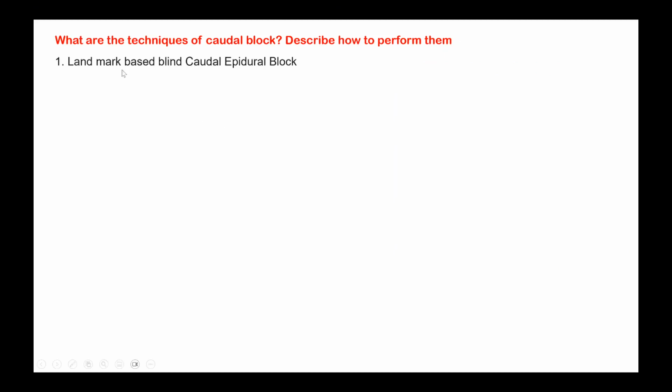Now, the techniques of caudal block that can be performed are three, as I said. The landmark based caudal epidural is the oldest and still practiced by many anesthetists, where you don't have facilities for ultrasound or fluoroscopy.